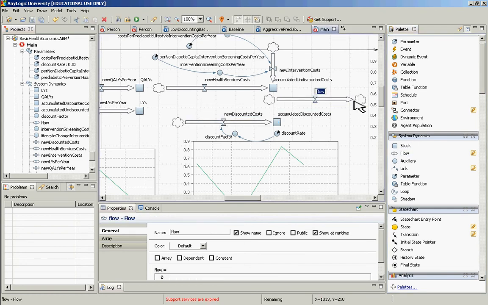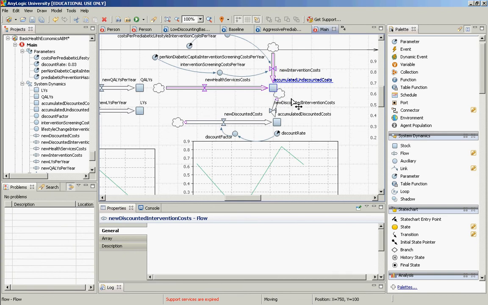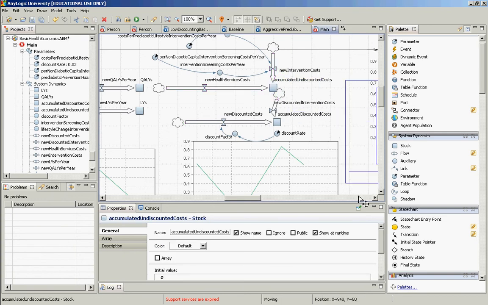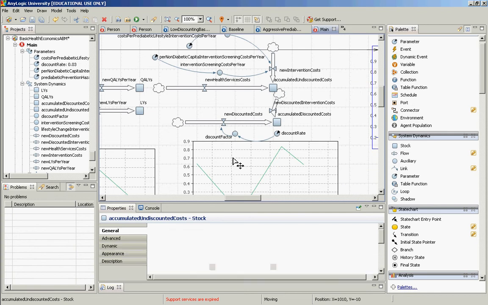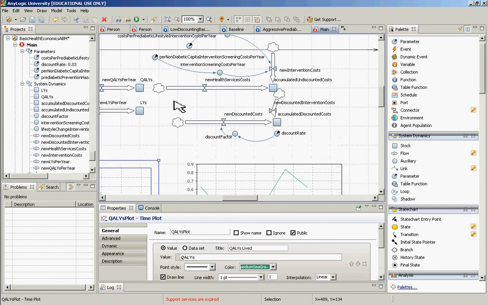This would be new discounted intervention costs, not merely the cost borne by the healthcare system due to people's health state, which is taken into account in this other flow to the left. Okay, so a bit of visual trouble here. So pardon me while I rearrange things a little bit, give ourselves a bit more room.